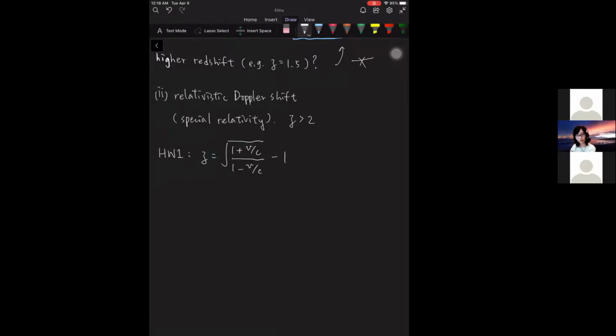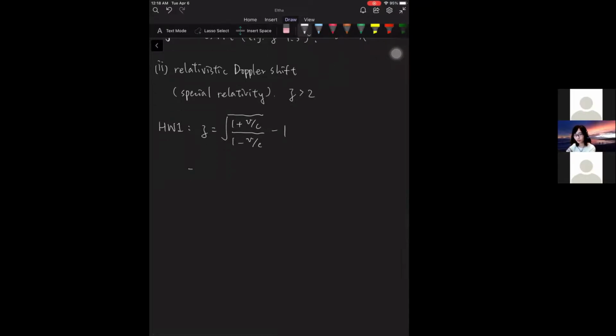So we'll start with this. If we move the 1 to the left-hand side, we get 1 plus z equal square root of (1 plus beta) over (1 minus beta), where beta is defined as v over c. And from the definition of redshift, 1 plus z is just the observed wavelength divided by the emitted wavelength, right?